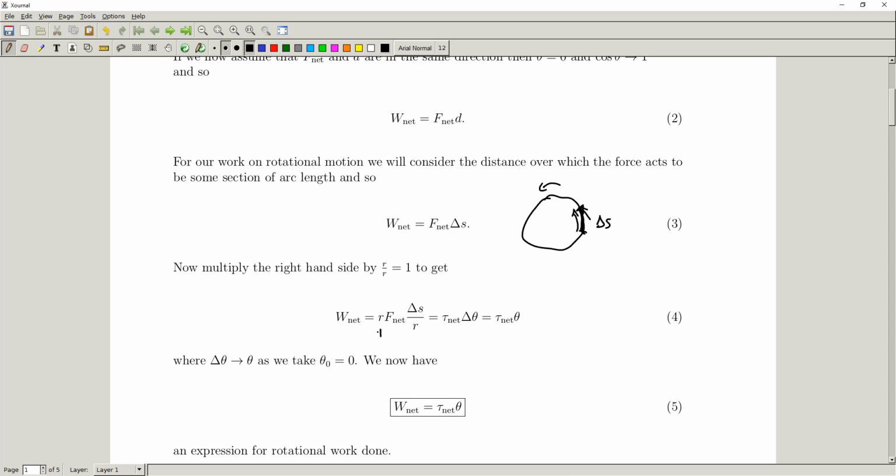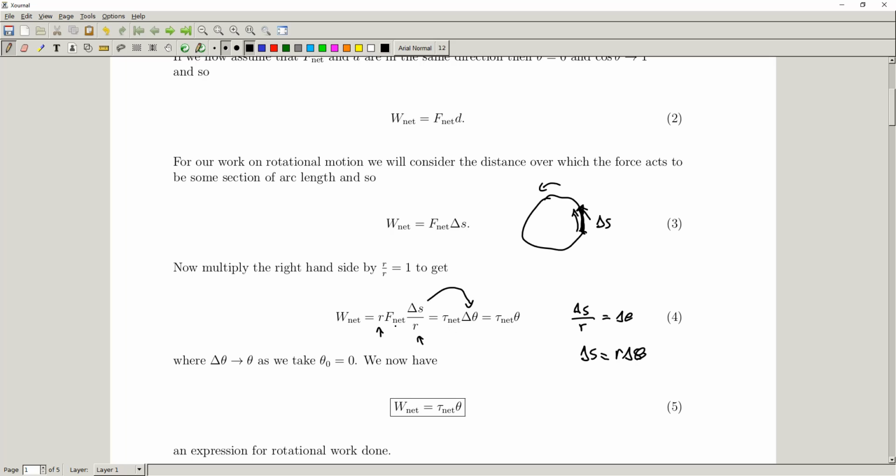I'm going to isolate one r over here, and then one r I'm going to put under the delta S. But if we remember from before, when we were working on uniform circular motion, we saw that delta S over r is equal to delta theta, or more commonly we wrote this as delta S equals r delta theta, right?